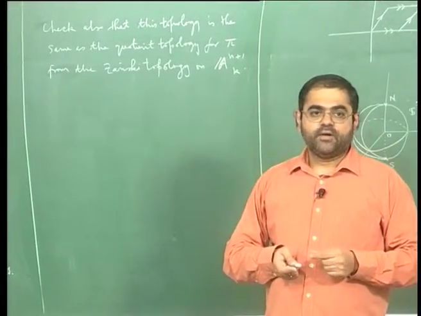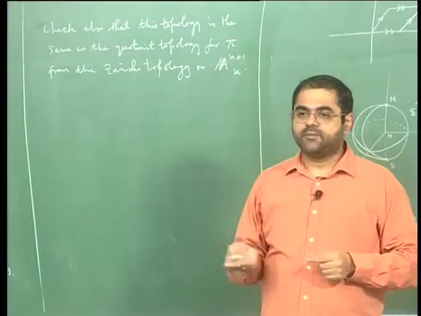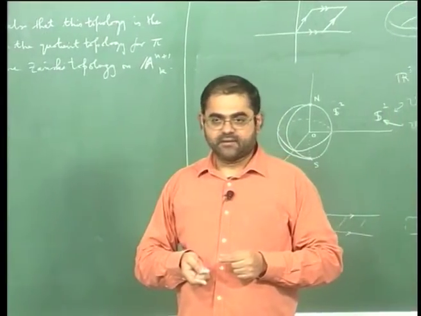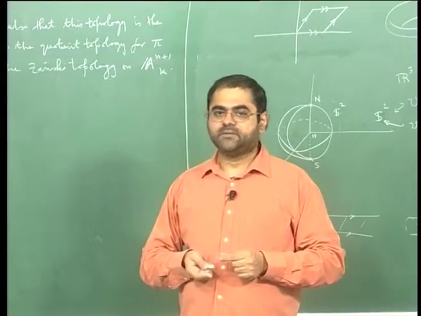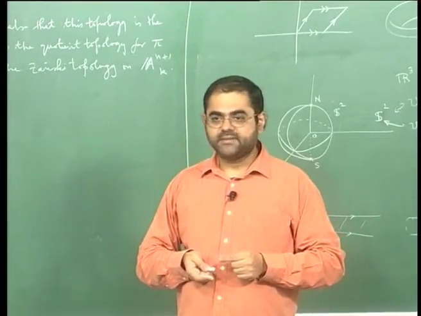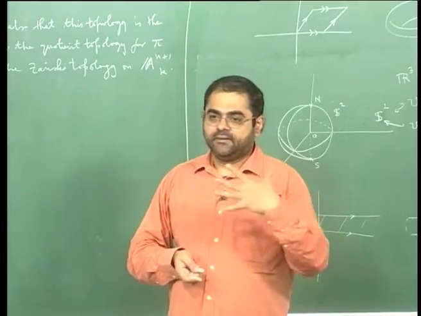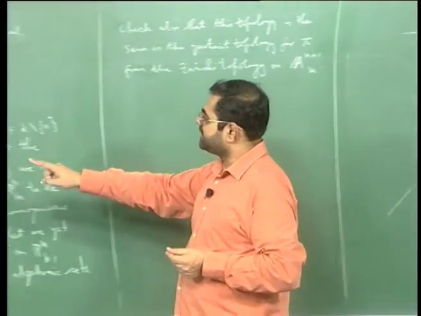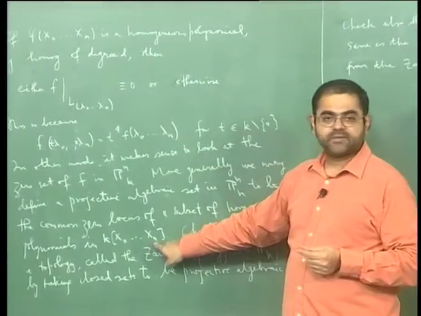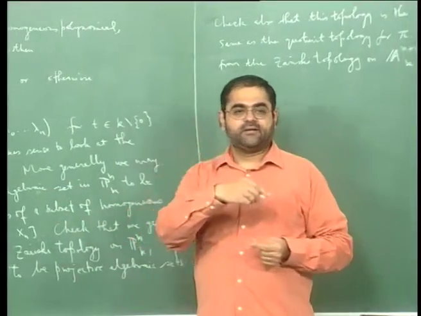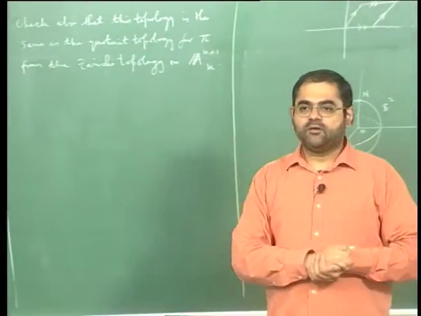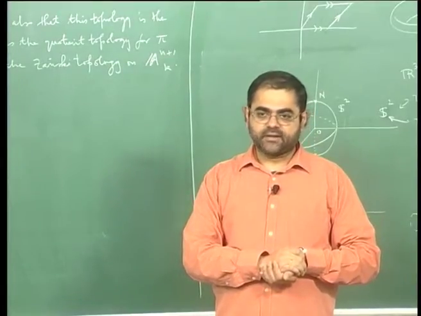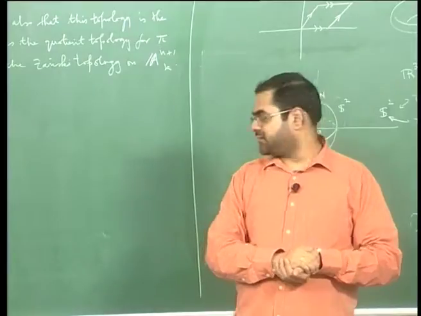So just as in the affine case you have a bijection between radical ideals and algebraic subsets, in the projective case also you will have a bijection between radical homogeneous ideals of this polynomial ring in n+1 variables and projective algebraic subsets, but you will have to throw out one ideal which is called the irrelevant maximal ideal, and that is the ideal generated by all the variables.